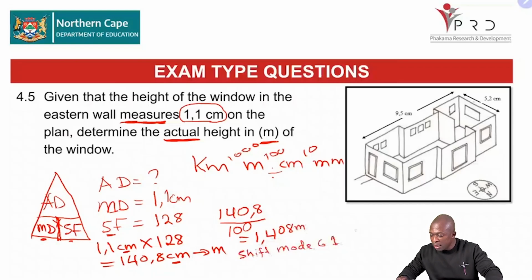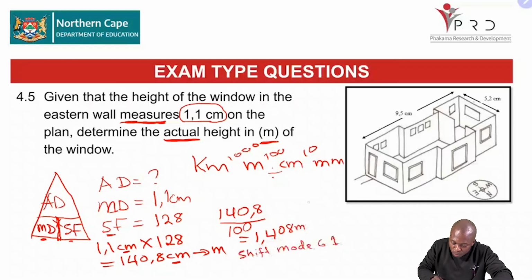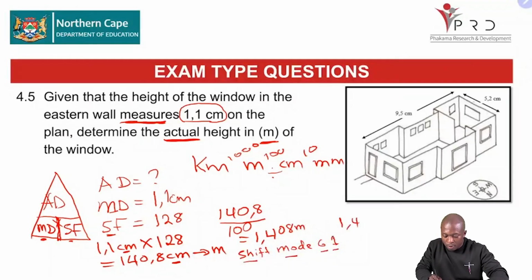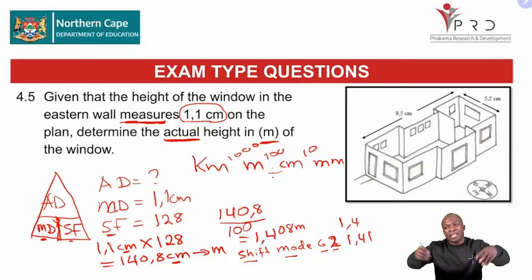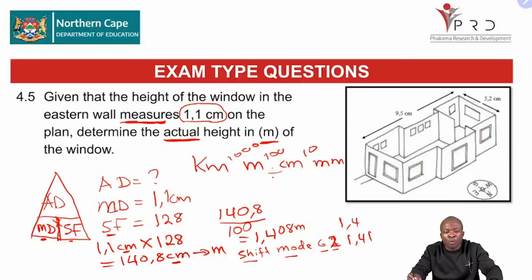But we want the answer to be 2 decimal places. What are we going to get? If you press Shift Mode 6.1, it's going to give you 1.4. But if you want two decimal places, you press the 2, and that should give you 1.41. So you see the conversions, you can actually do it using the calculator.